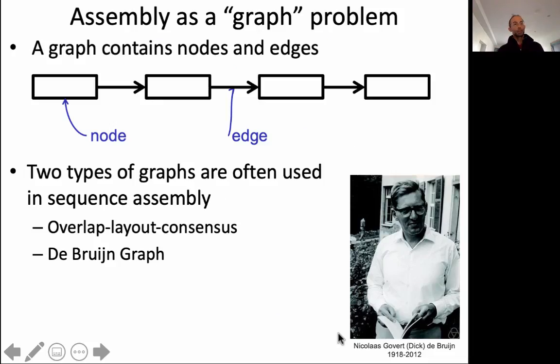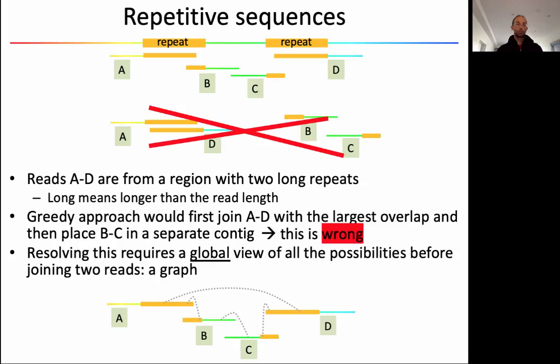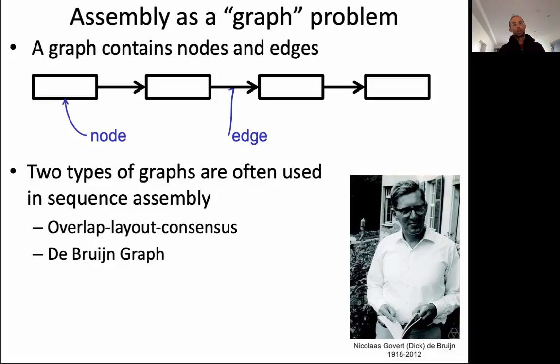Assembly algorithms that use the graph approach in general, not specifically this graph only, are more successful at dealing with real biological data. And just to recap, a graph is a mathematical structure that contains nodes and edges.